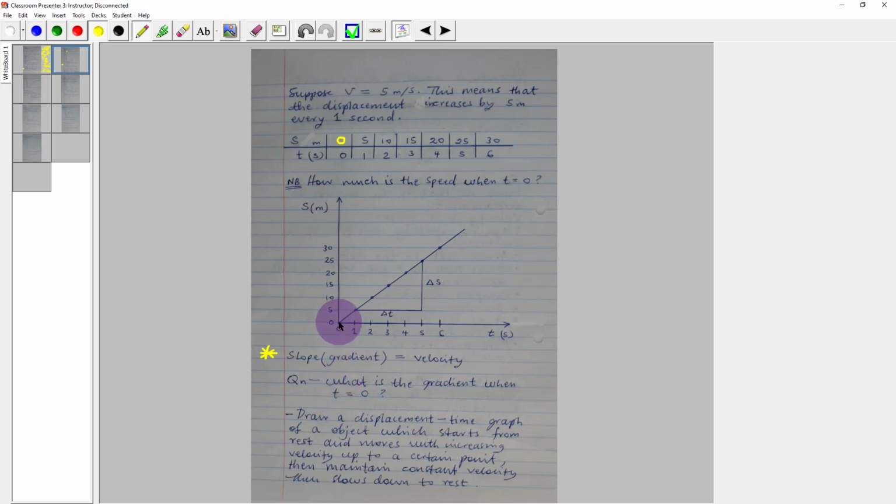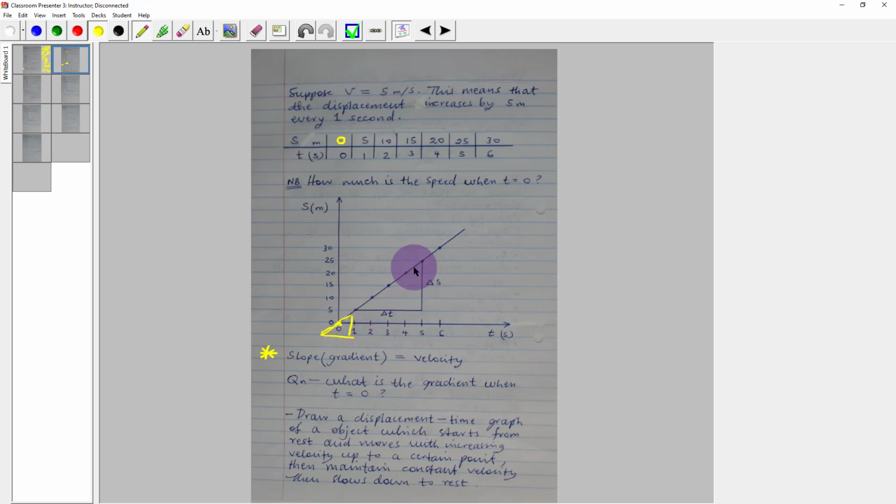For example, when t is equals to 0, we are going to draw a tangent here, and maybe that tangent will be like this. You can see it gives us this value divided by that value. So you find that when t is equals to 0, the velocity of the object is not 0.